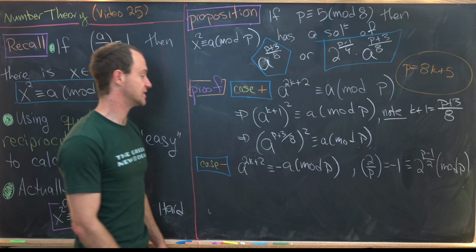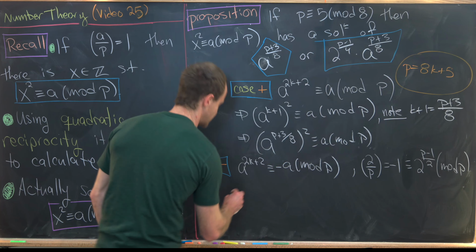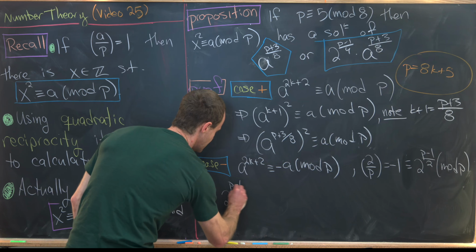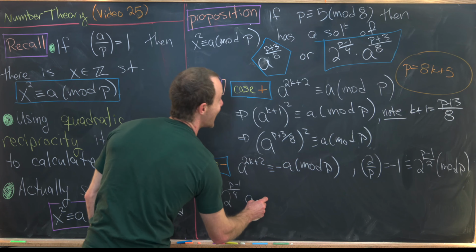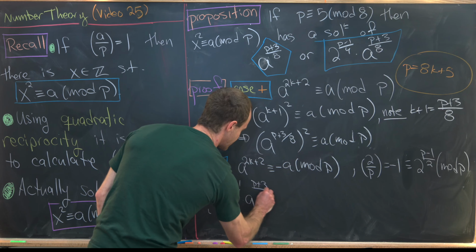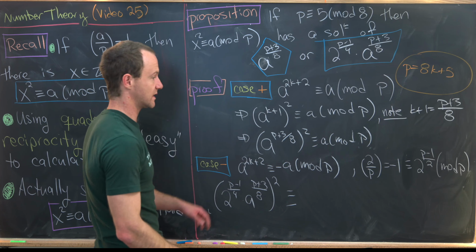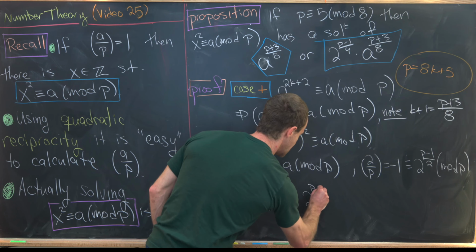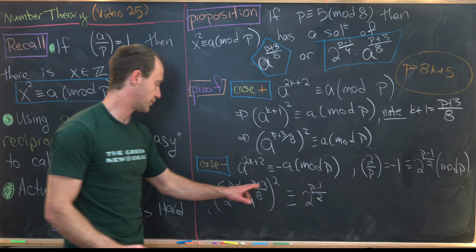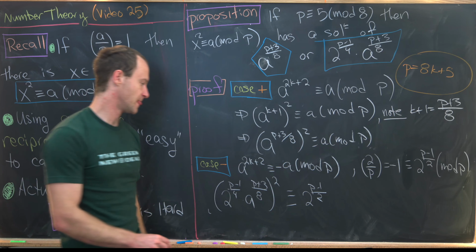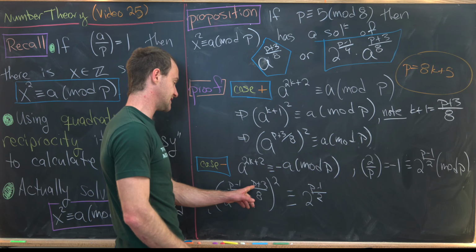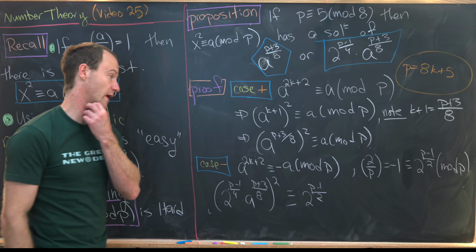But now we're pretty much good to go, because if we take this object right here, 2^((p-1)/4) times a^((p+3)/8) and square it, we'll get 2^((p-1)/2) from squaring the first factor. And then here we'll get (a^((p+3)/8))^2.